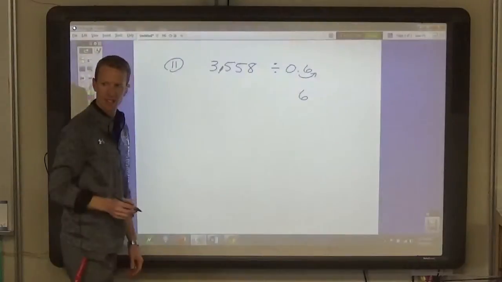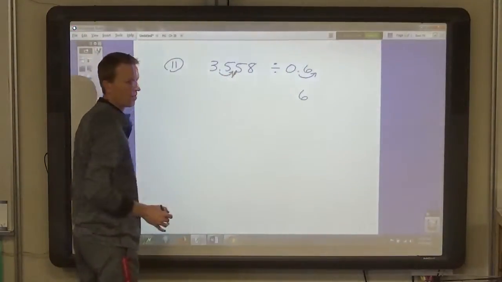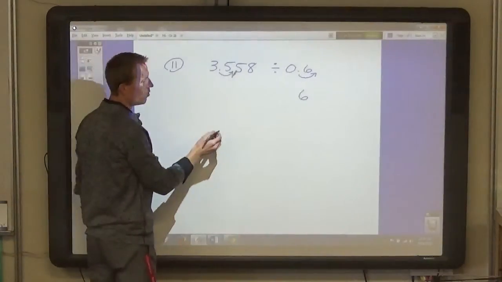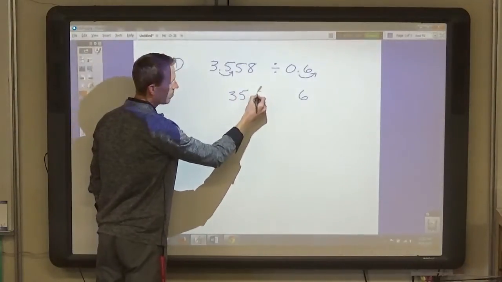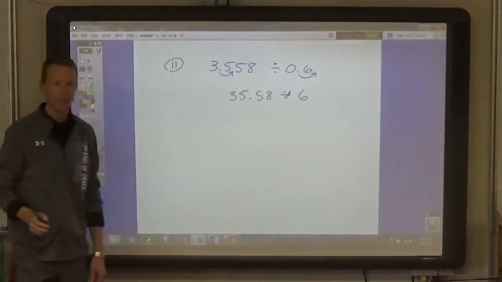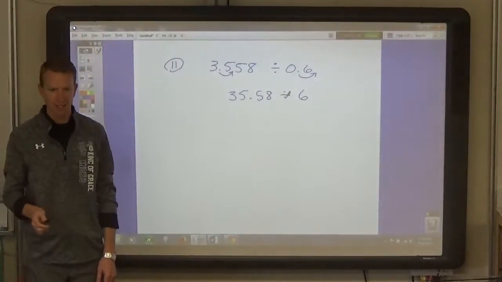Then go to the dividend, move the decimal point over, write the new number. This is our new problem, right? Nod your head if you agree. Yeah.